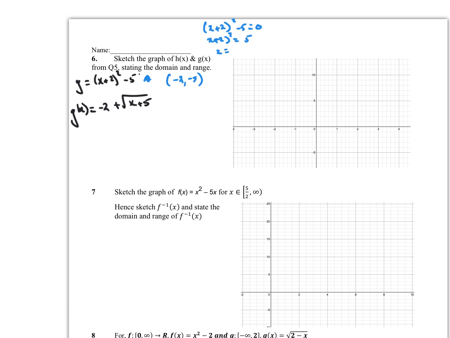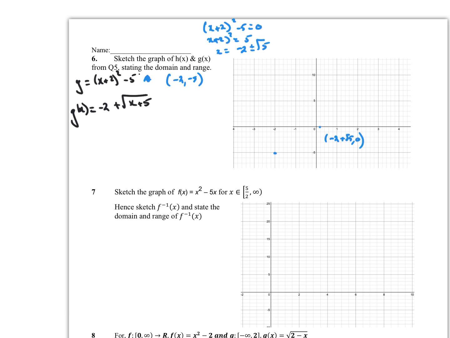So x will equal -2 plus or minus the square root of 5. So the square root of 5 is slightly bigger than 2, isn't it? So -2 plus a number slightly bigger than 2 will be slightly positive. So we've got a turning point there at -2, and an x-intercept there at the point -2 plus root 5, 0.